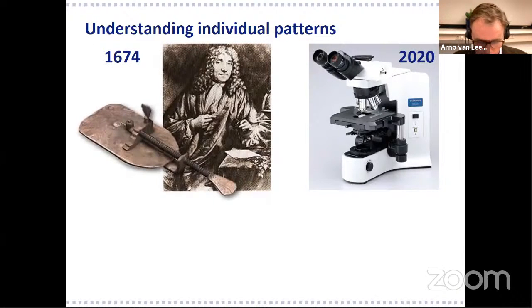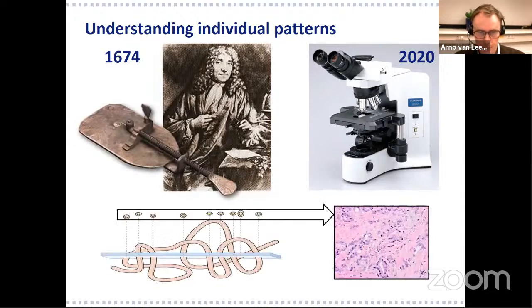To investigate individual prostate cancer growth patterns, we first have to determine what these patterns really are. Over the last 400 years, microscopes have undergone major technological developments. But if you think of it, we are actually still doing the same as Antony van Leeuwenhoek did in the 17th century.